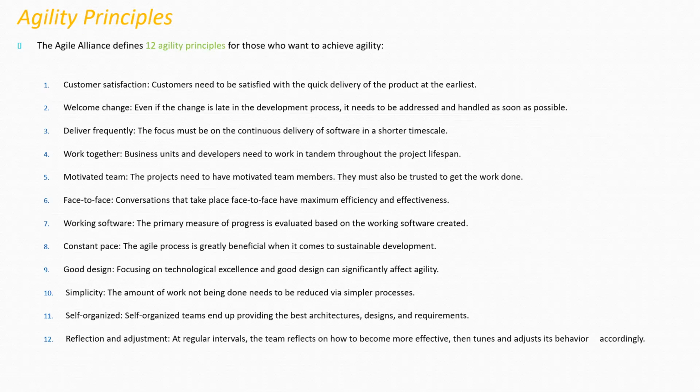At regular intervals, the team reflects on how to become more effective and then tunes and adjusts its behavior accordingly. They will be getting reviews from the stakeholders, from the end users, from other programmers, or from the project managers, project leaders or team leaders, or maybe a third reviewer, such that you will be able to do the reflection and adjustment in your project.